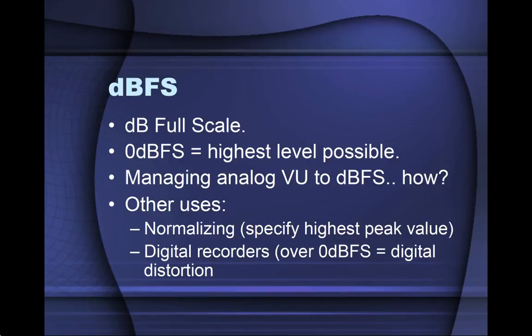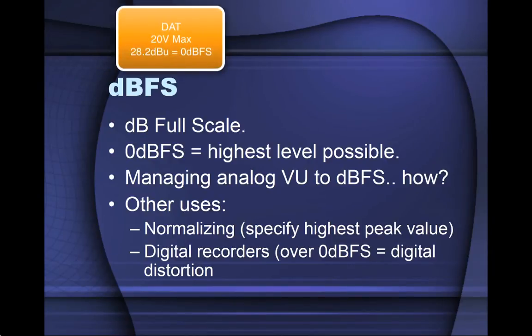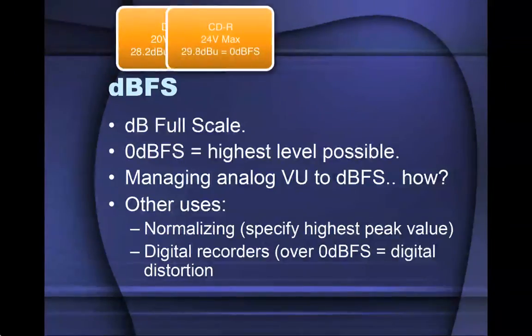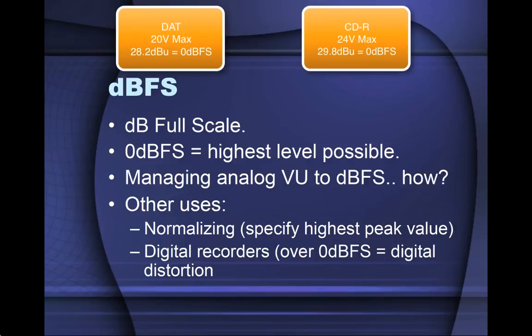I'll give you an example. Let's say digital recorder number 1, an old DAT recorder. We'll have digital recorder number 2, which might be a CDR. Now the DAT recorder, let's say that one has a maximum input level of 20 volts. And the CDR has a maximum input level of 24 volts.